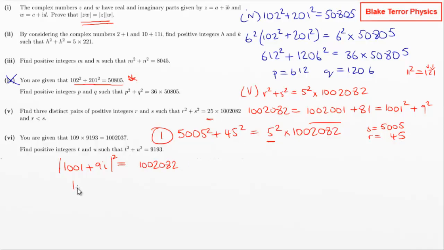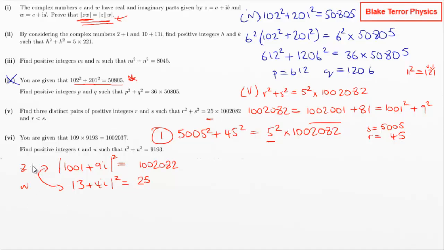So 3, 4, 5 works, doesn't it? If I had 3 plus 4i, its magnitude squared would be 25. So if I multiply these together, I'm doing this, and that zw would come out. Right, so this is like saying that's my z, that's my w. Let's get zw.